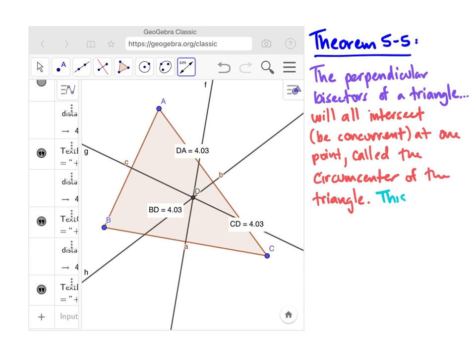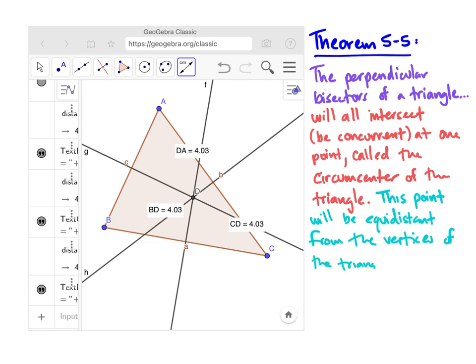This point, meaning the circumcenter, will be equidistant from the vertices of the triangle. So here's what we got, just to wrap that up.